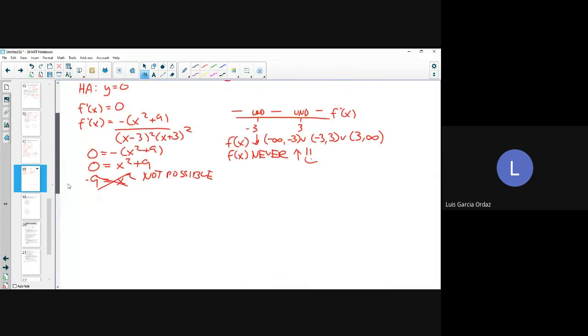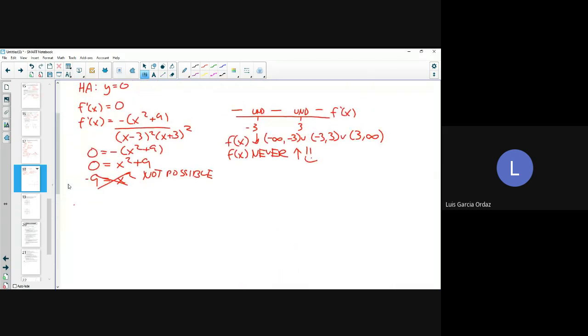Now I need to find my double derivative to find out my concavity. My double derivative is going to equal 2x times x squared plus 27 over x squared minus 9 to the power of 3. We can factor it out.